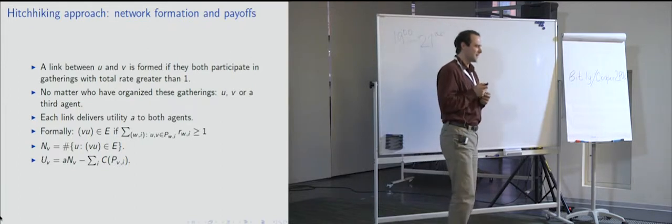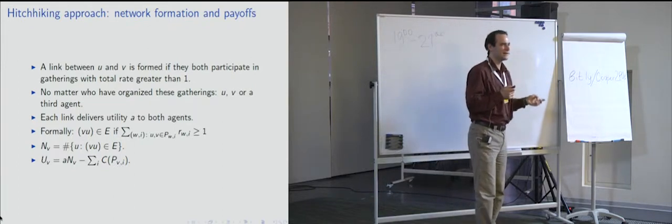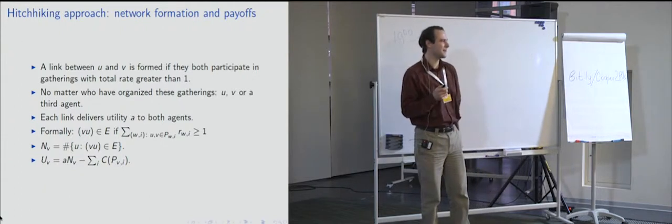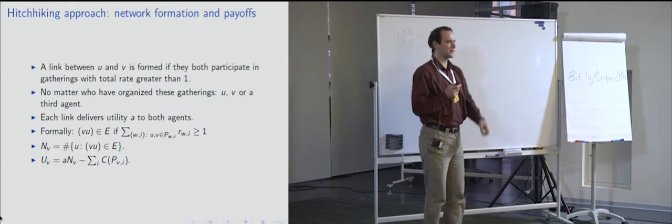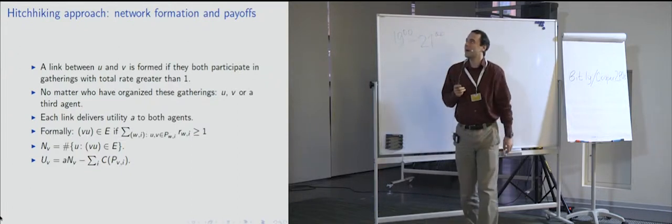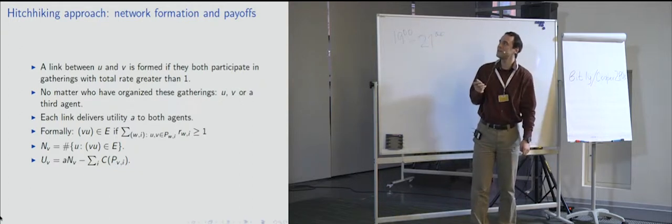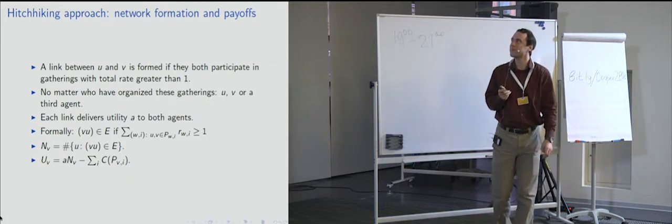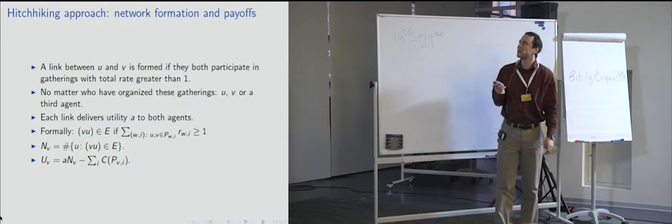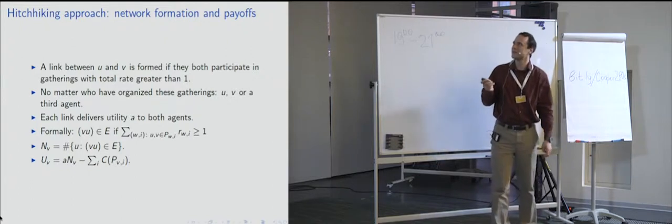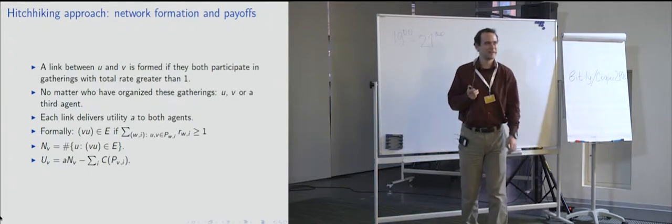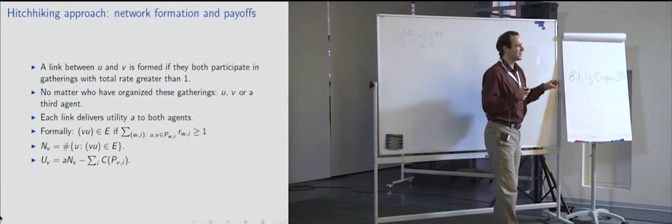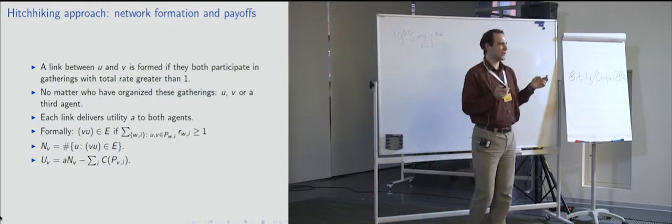They may be organized by the first agent, by the second agent, or by some third party who just invited them both to her gathering. And each link delivers some constant utility to both agents. These are formulas saying the same. We obtain a very complex game, but this is a one-shot game.